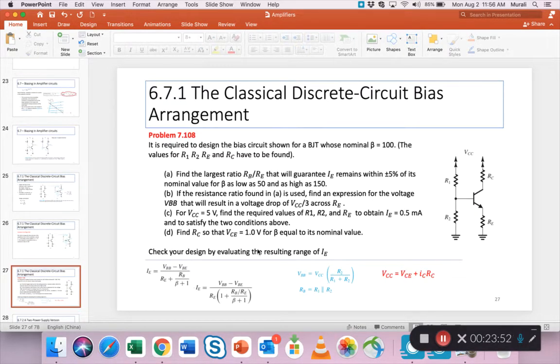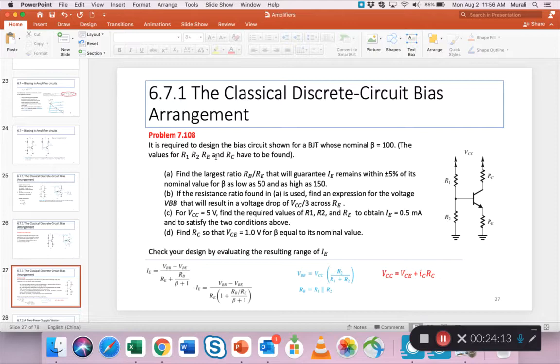Okay, all right, let's move on to a problem from the back, problem 7108. Here also we have a BJT with a beta given of 100, and we have to find R1, R2, RE, RC.